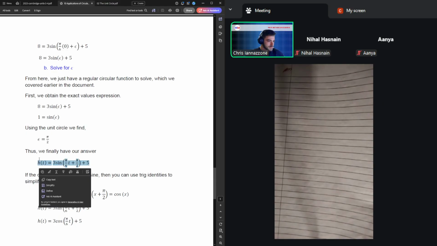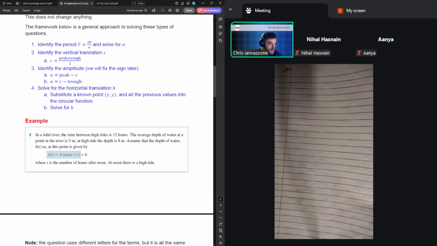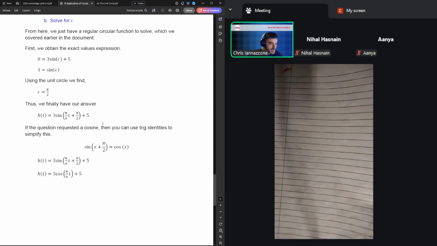This one was fairly straightforward in the sense of what it wanted out of you. It wanted you to solve each of these terms and then give the rule of the circular function. If there wasn't a rule provided here, and it just said find a cosine or find a sine, or maybe even a follow-up question said something to the effect of convert to a cosine, this is where you can start using your circular function properties, trig identities, symmetries of the unit circle, however you want to think about them, to flip between different things.